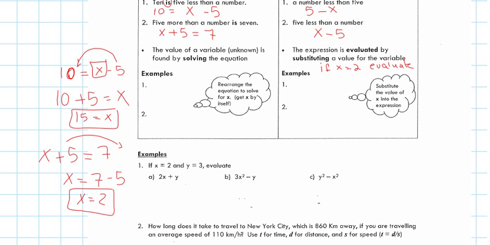So I told you that x equals 2, and I'm asking you to evaluate 5 minus x. What do you do? Put 2 in place of x. That's right. So basically you are substituting. So you're removing that x and you're replacing it by its value 2. So 5 minus 2 equals 3, and that's it. That's your answer. Okay? It's just a substitution.